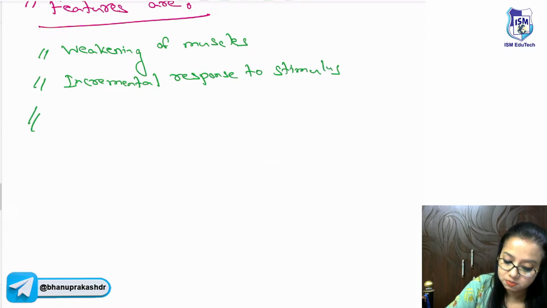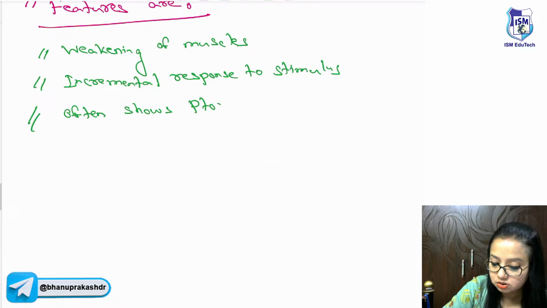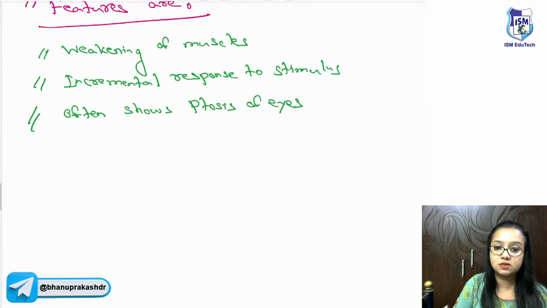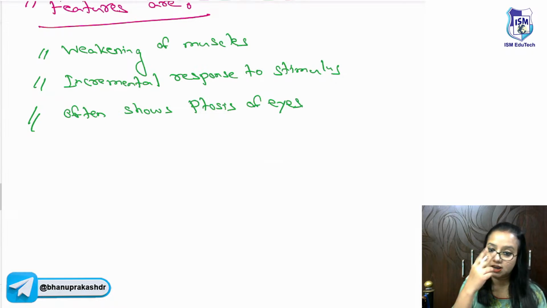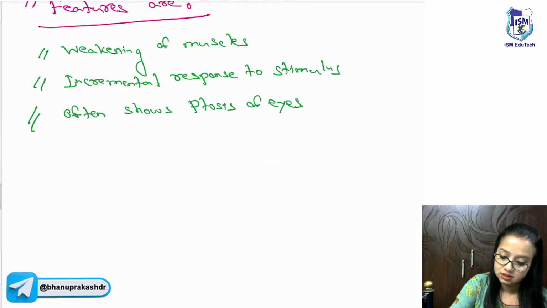And the person often shows ptosis of eyes, like the eyelids will be drooping down. There will be bilateral ptosis of the eye.